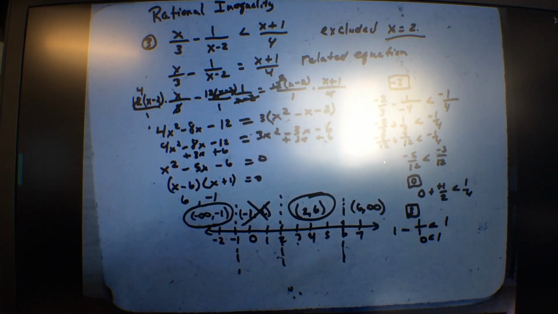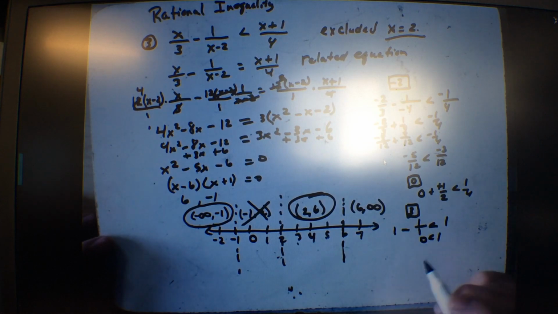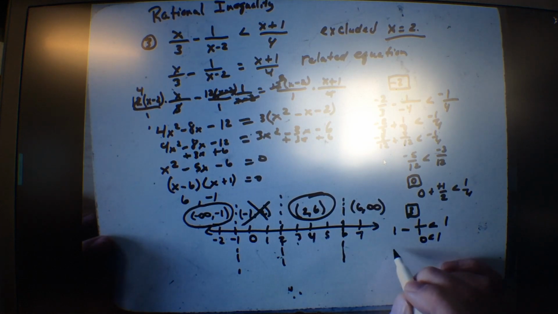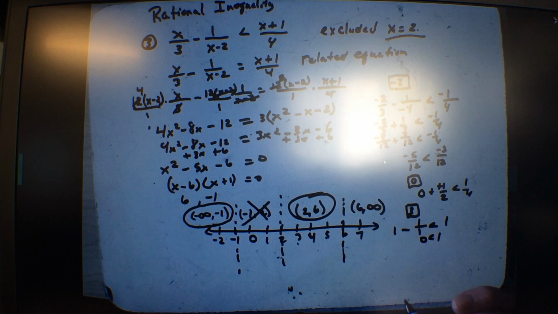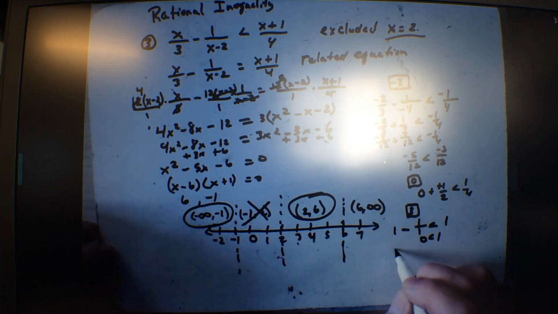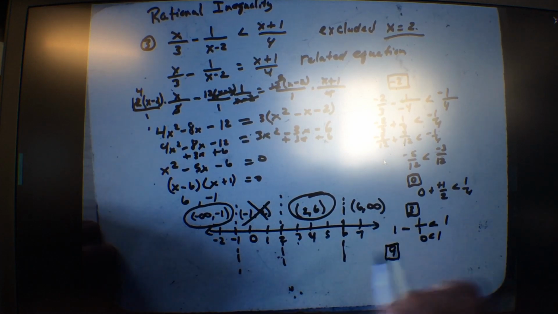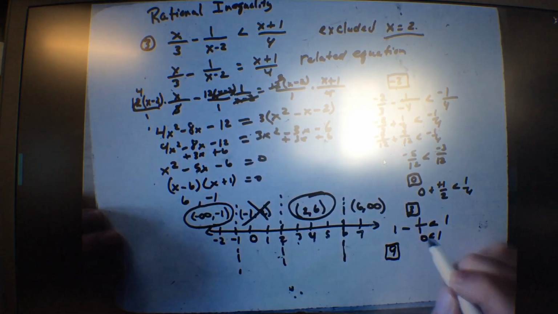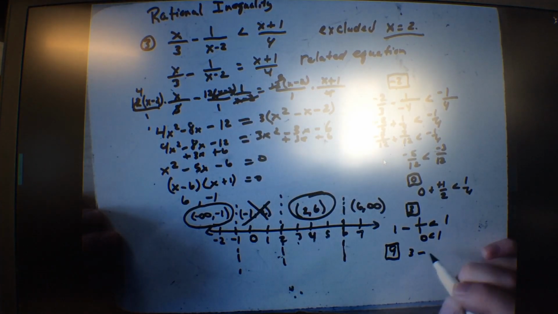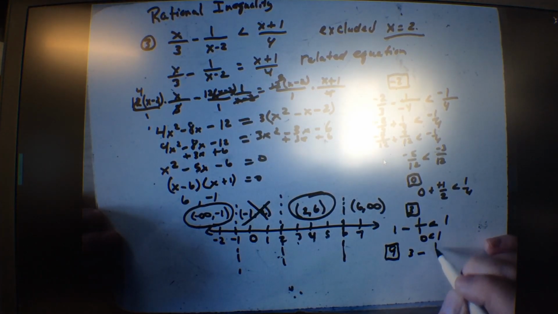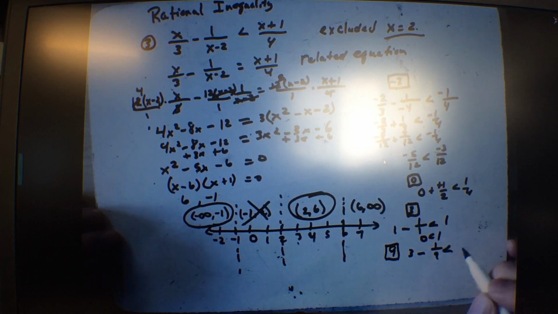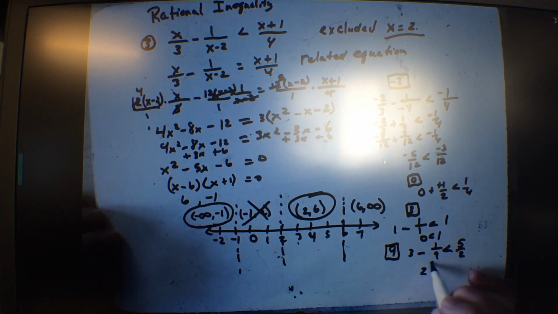What do you want to use? How about we use 9? Why 9? 9/3 is 3. Okay, 9 divided by 3 is 3, correct? Minus 1 over 7 is less than 9 plus 1 is 10/4, which is 5/2, right? Which is 2.5. So I have 3 minus 1/9, which is 2 and 8/9.